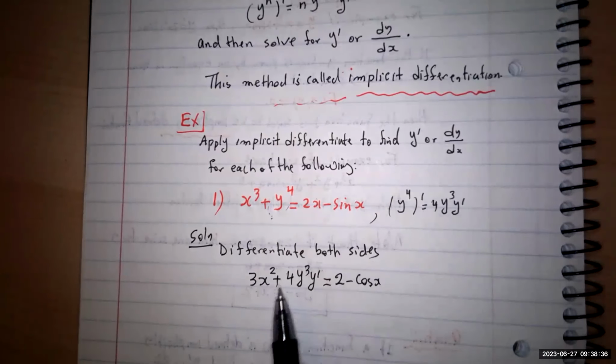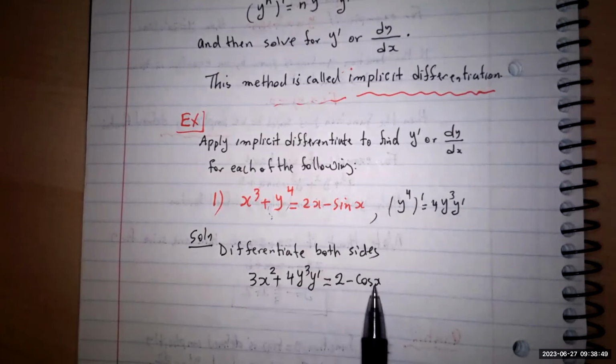But you have to solve for y prime. To solve for y prime, you have to isolate it. Keep it on one side of the equation and move everything else to the other side. Then divide by the coefficient of y prime.